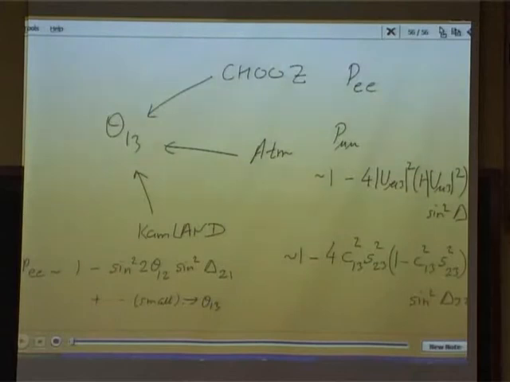So the actual bound on theta 13 comes from all these three channels: the Chooz reactor, atmospheric neutrinos, and KamLAND, and all three combined give us the bound we have now. So sin squared theta 13 less than 0.15 essentially comes from all these.